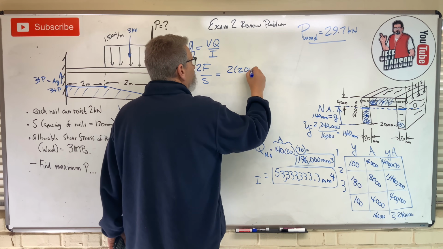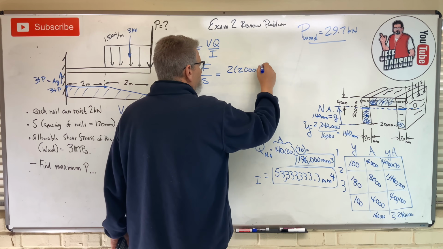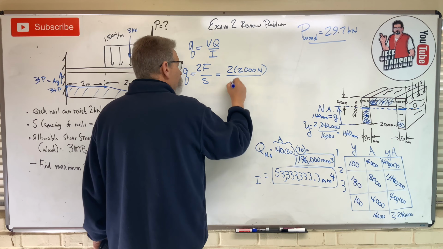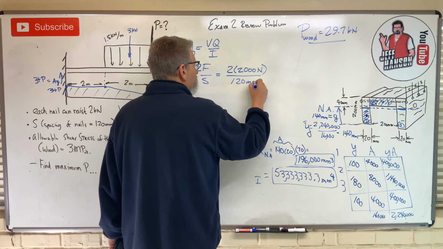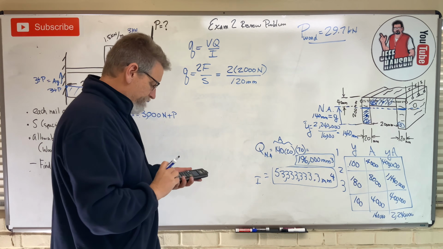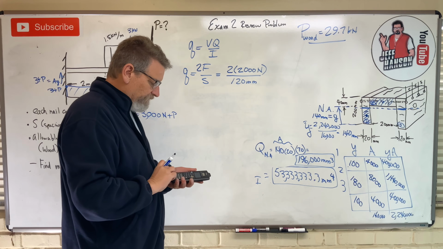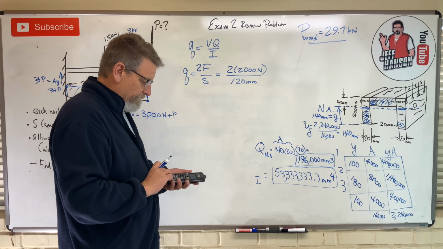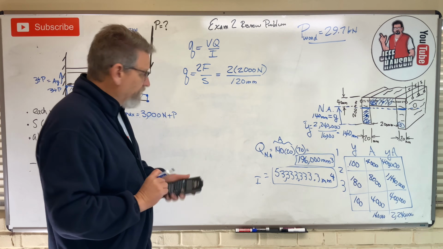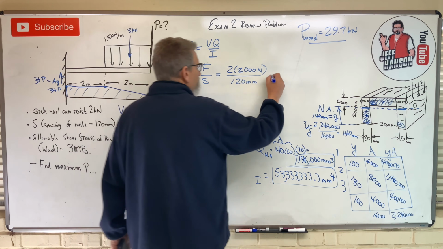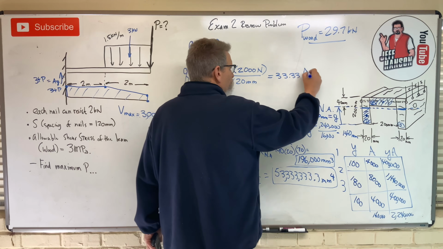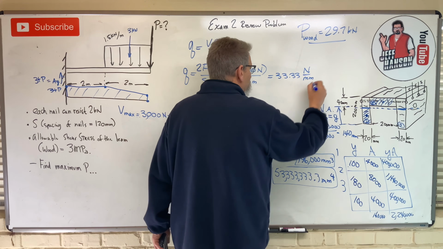I'm going to put all this in just newtons so that I don't mess that up, divided by the spacing, which is 120 millimeters. So little q is 4,000 divided by 120, and that is 33.33, and the units are newtons per millimeter.